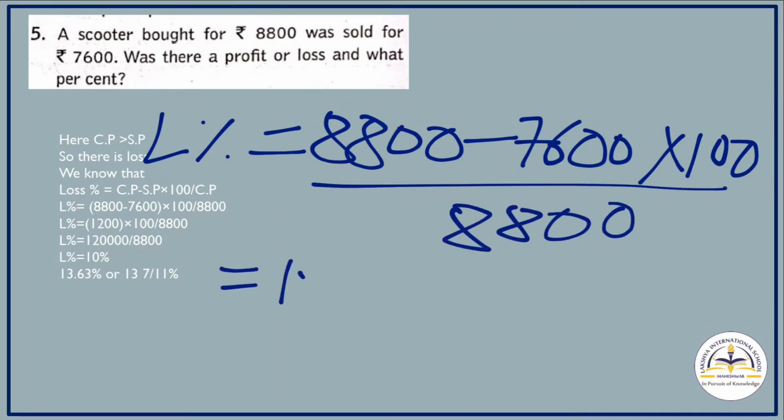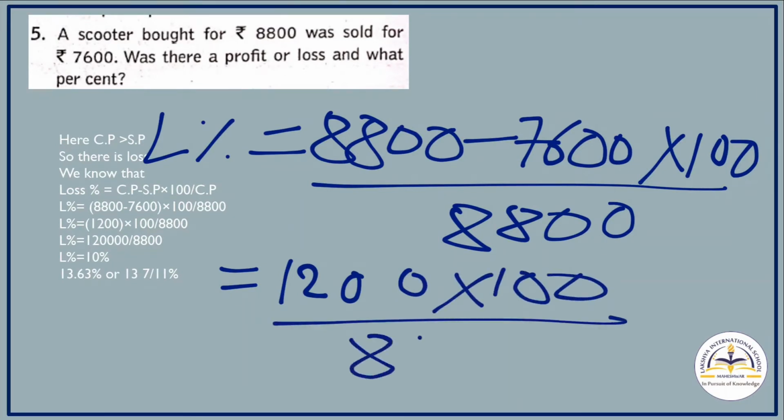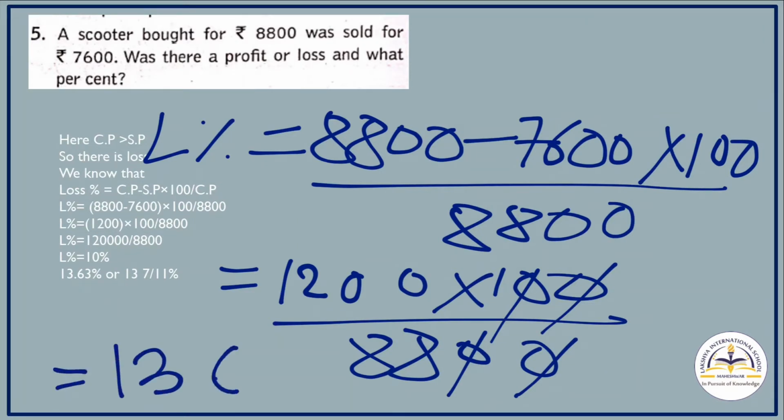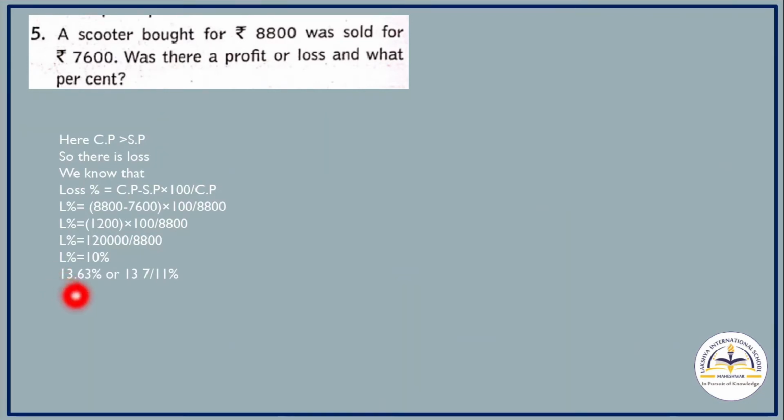When you will subtract them, you will get 1200 into 100 divide by 8800. 0 cancel. Now when you will solve this, you will get 13.63%. That will be the answer, or you can write it in the mixed fraction also, that is 13 7 by 11%.